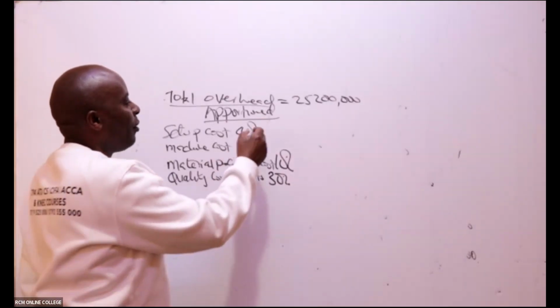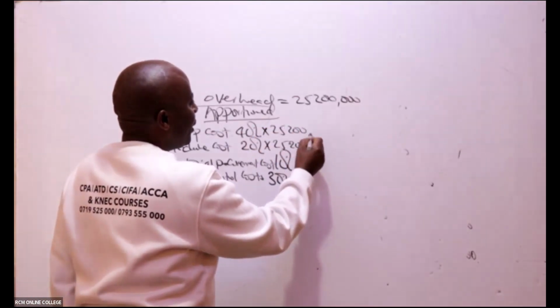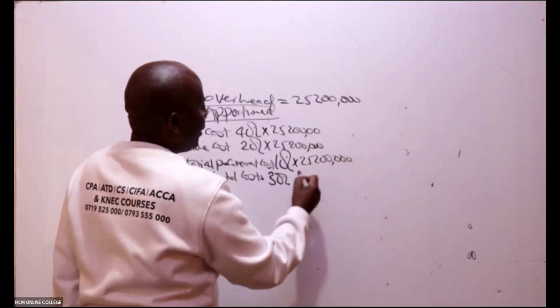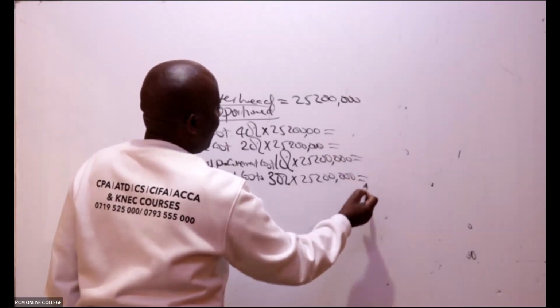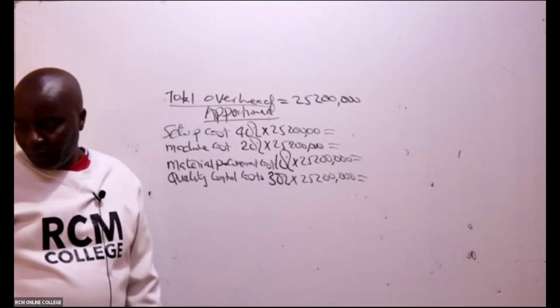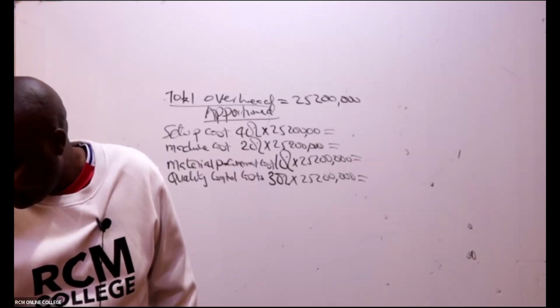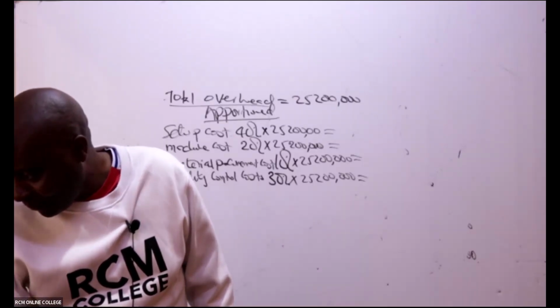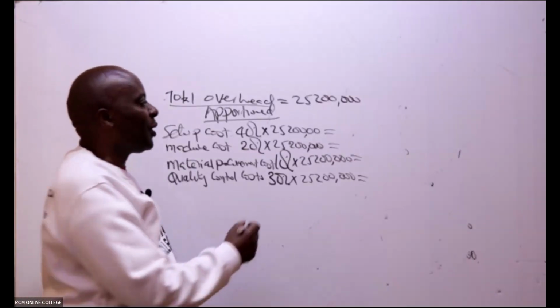So 40% of 25,200,000. Are you able to get these figures? So we have here 10,080,000.